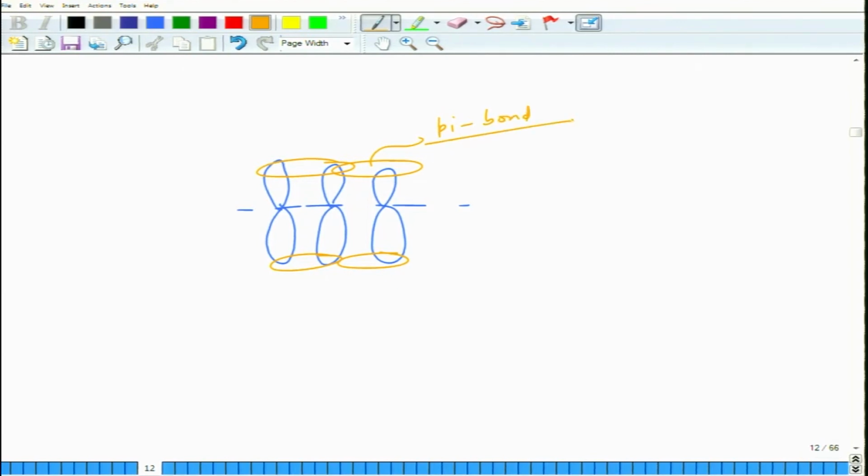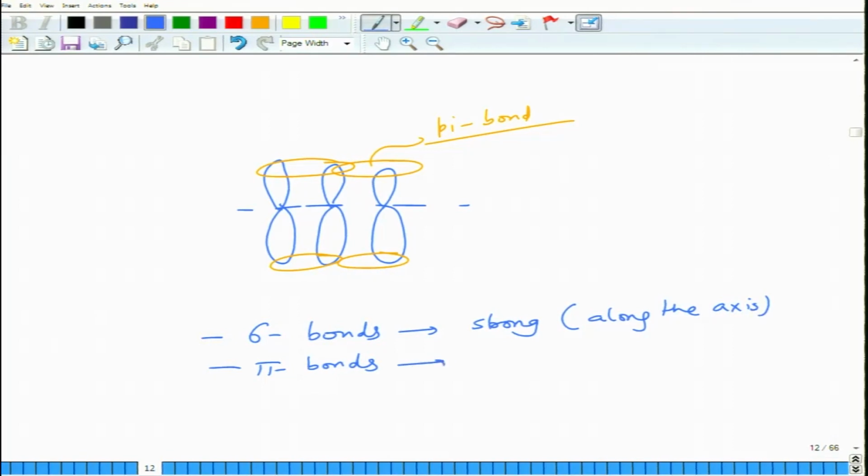Pi bond is a weak bond and sigma bond is a strong bond. So, these are the two terms that you will come across: sigma bonds and pi bonds. Sigma bonds are strong, basically along the axis, and pi bonds are weak. You can say these are basically at the periphery.